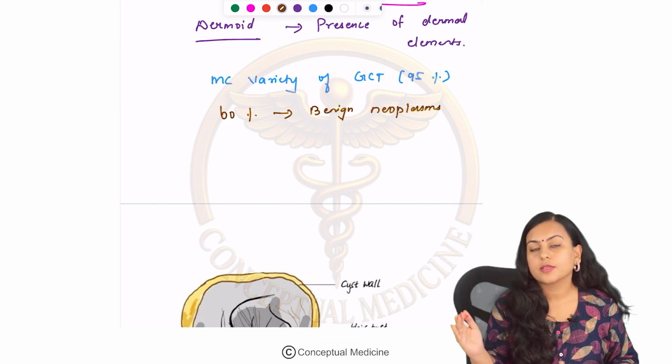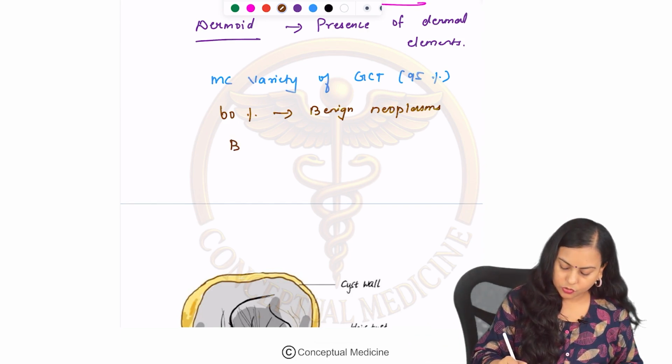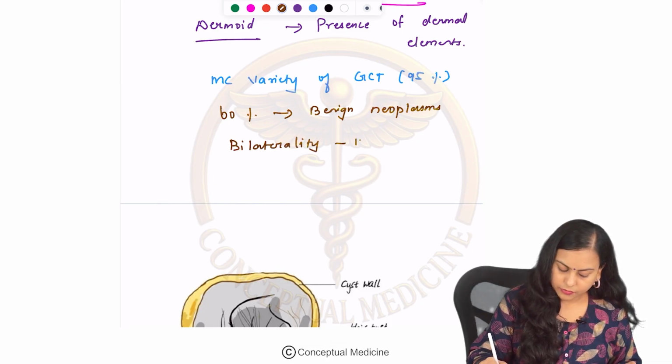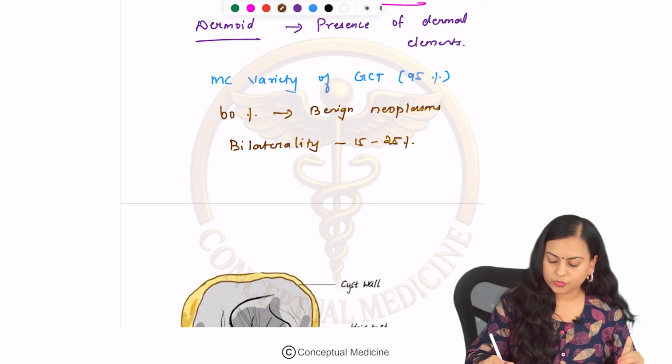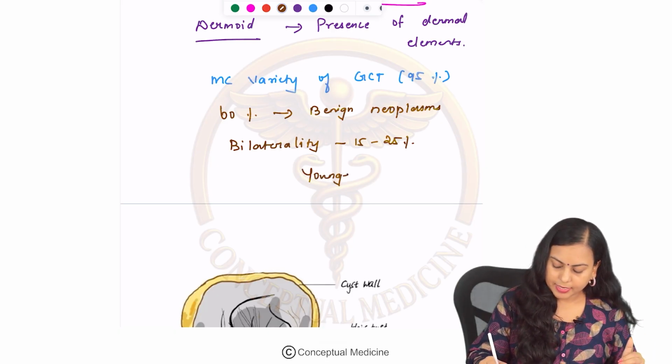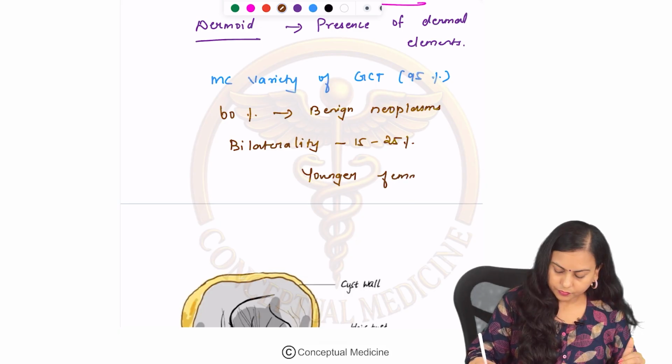Okay, the size is usually mild to moderate, and they will show bilaterality in 15 to 25% of the cases, and these tumors are seen in comparatively younger females.